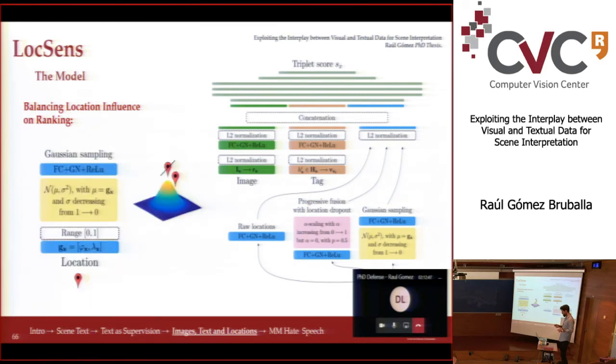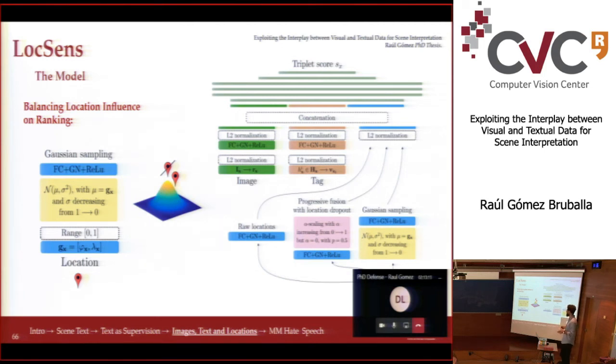The second strategy is location Gaussian sampling, where during training we are going to sample locations from a 2D Gaussian distribution centered on the ground truth latitude and longitude, and with a variance that decreases during training. So at the beginning of the training, the variance will be very large, will be 1, so the location will be not informative at all.